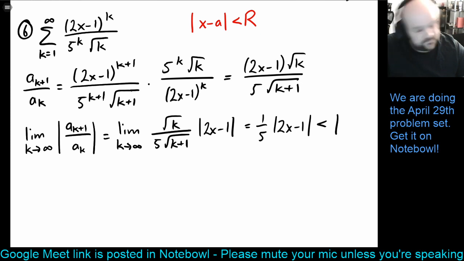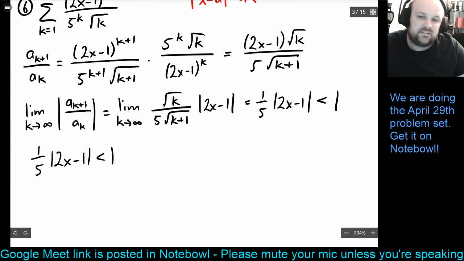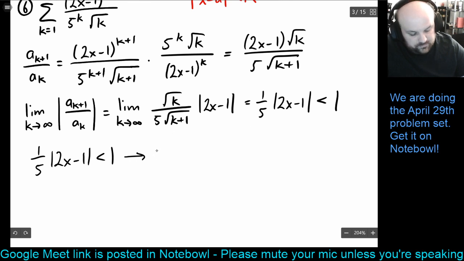So this isn't done yet. So we have to take our 1/5 times absolute value of 2x minus 1 less than 1, and we have to start manipulating this in order to get the radius of convergence. So first things first, let's move this 5 over. So it becomes absolute value of 2x minus 1 less than 5.